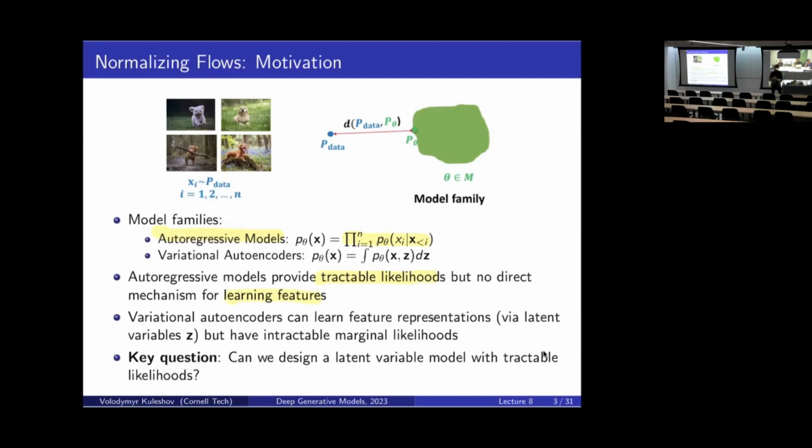So to compensate for that, we looked at this other family called variational autoencoders, which are a latent variable model. They have these extra latent variables z that can represent latent factors of variation in the data. But because we don't observe these factors, when we train the model, we have to perform this integral to compute the marginal density of x.